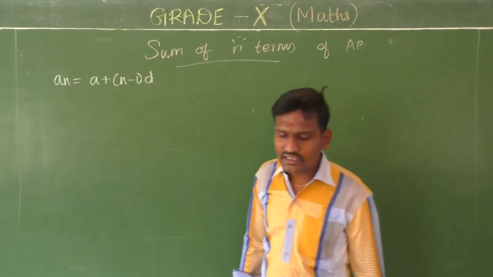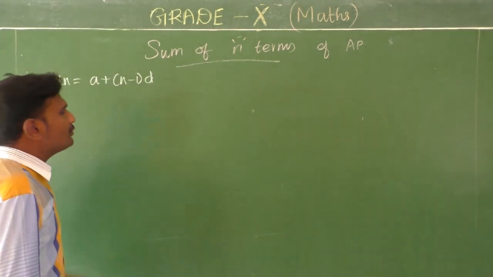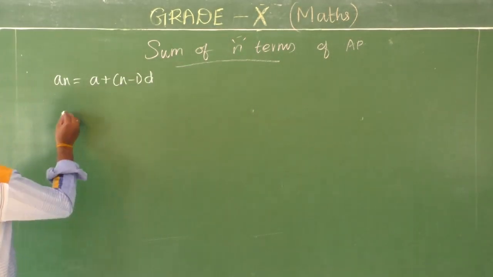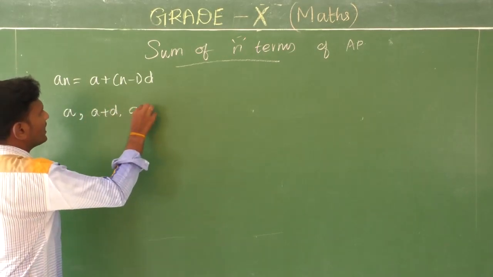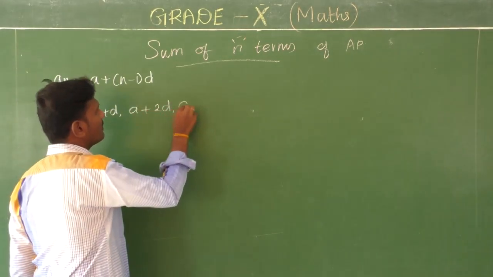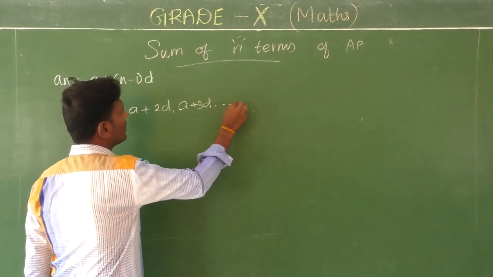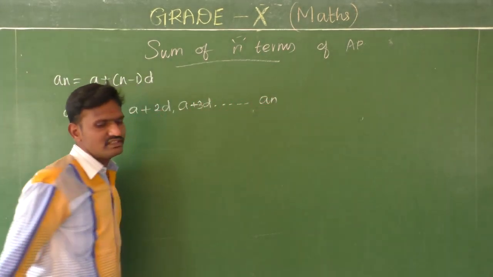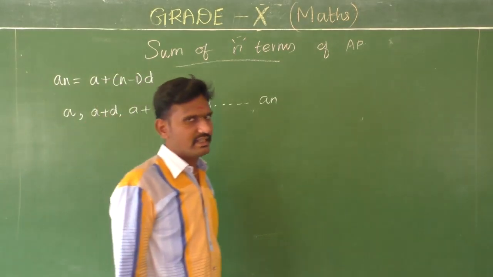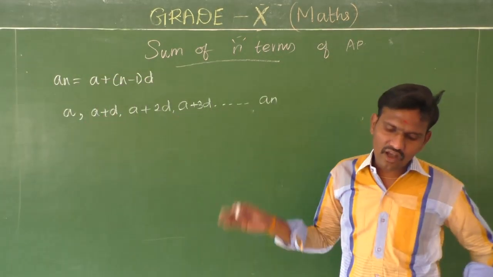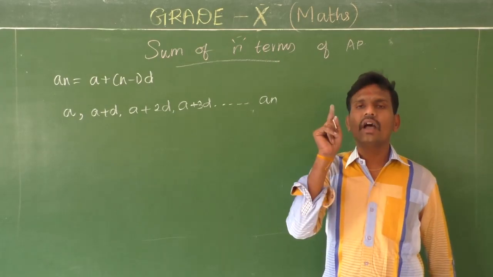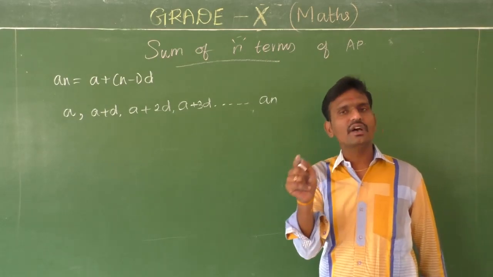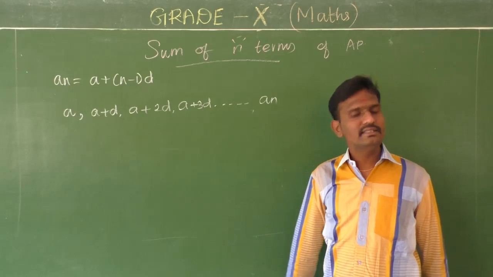Now coming to the series, I am going to derive the formula. Consider the sequence A, A plus D, A plus 2D, A plus 3D, and so on up to the nth term. This is your arithmetic sequence. For that sequence I am going to add the terms. I already told you that the addition of terms of a sequence is known as a series.